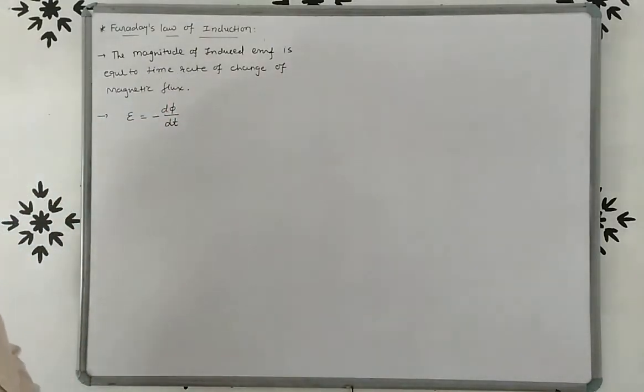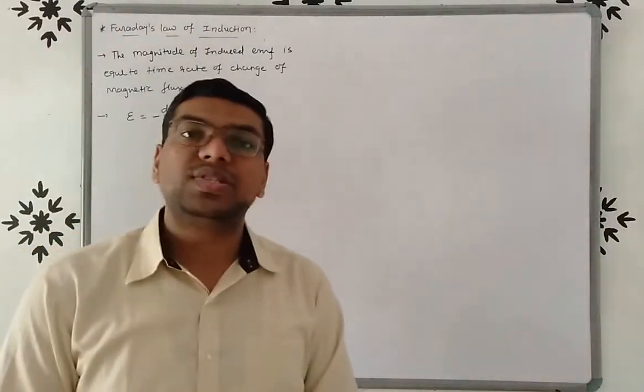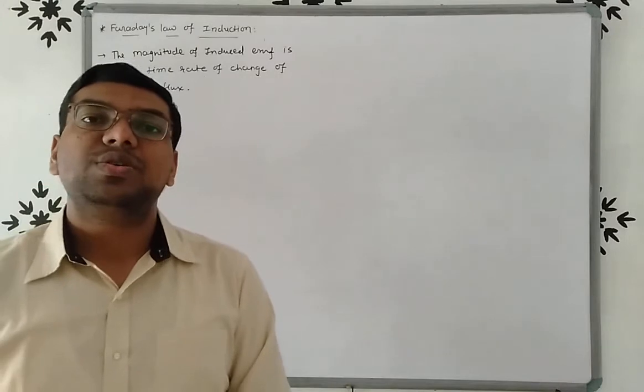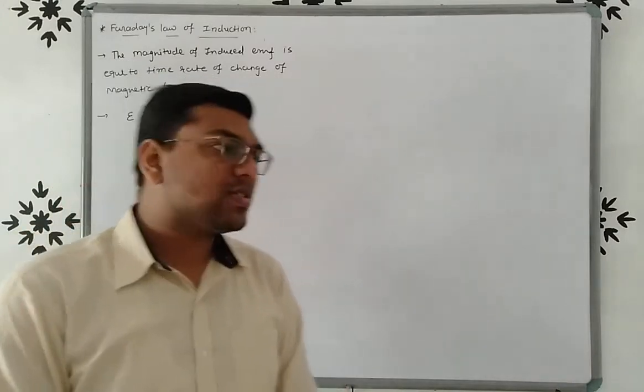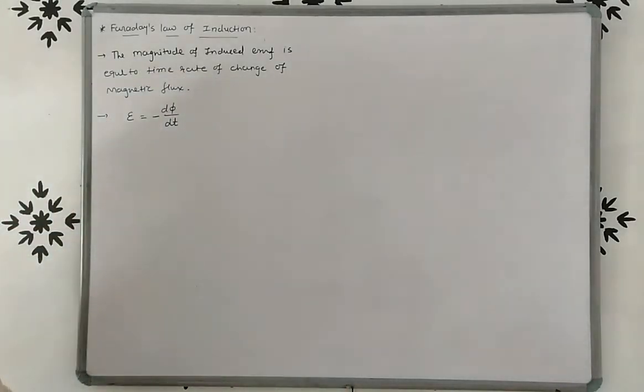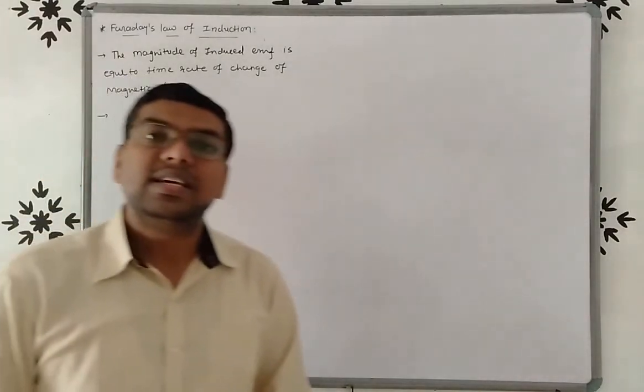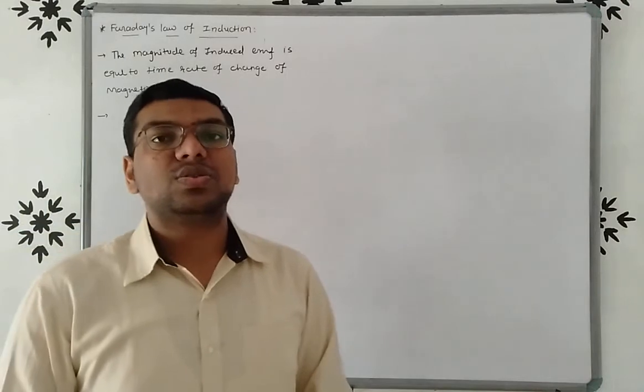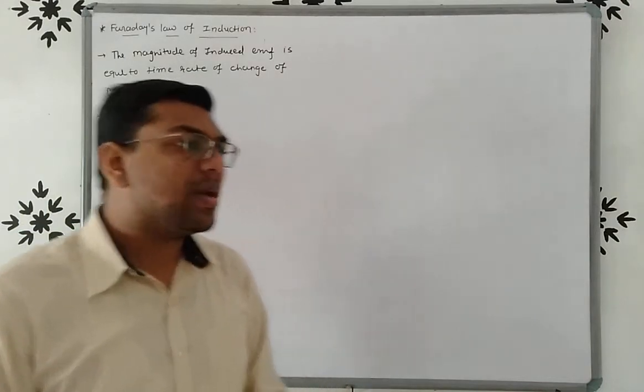So friends, you have to remember this statement: the magnitude of induced EMF is equal to the time rate of change of flux. The equation of Faraday's law of induction is E equals minus d phi by dt. This negative sign shows the direction of induced EMF.